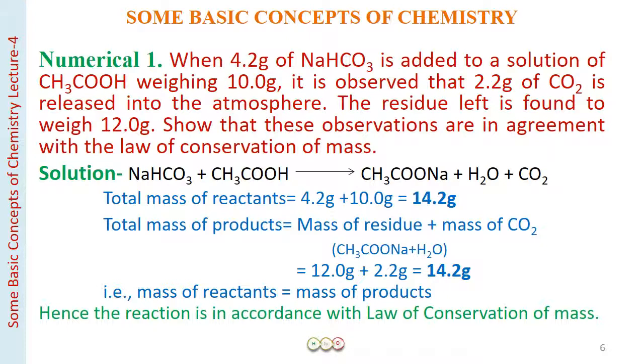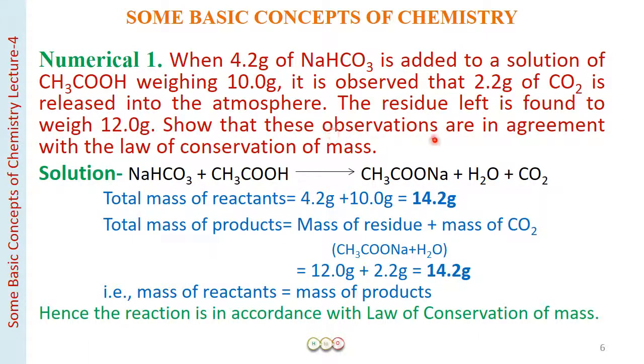So let us now understand the law of conservation of mass with a few examples. The first numerical says that when 4.2 gram of sodium bicarbonate is added to a solution of acetic acid, CH3COOH, weighing 10 grams, it is observed that 2.2 gram of carbon dioxide is released into the atmosphere. The residue left is found to weigh 12 gram.